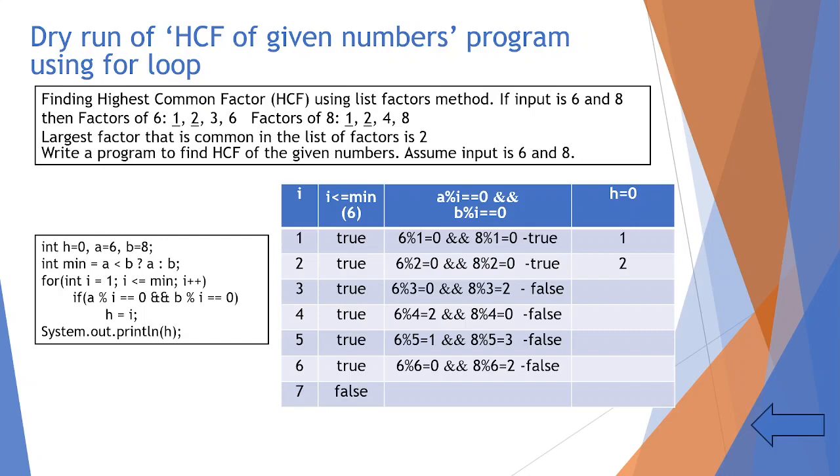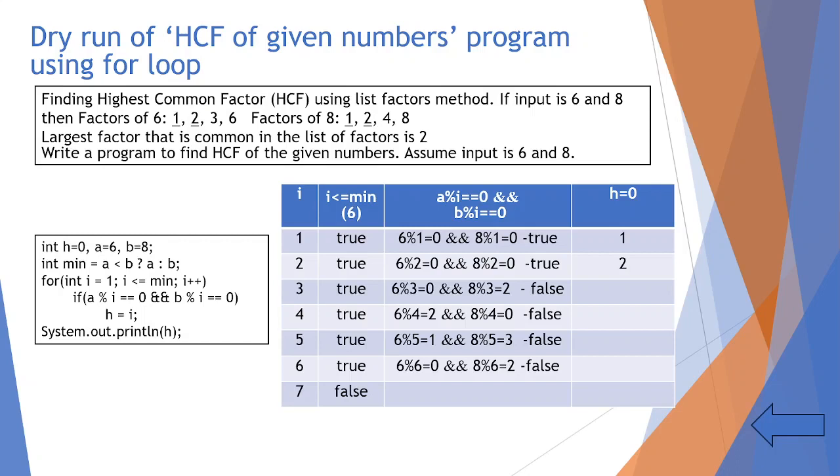So, at the most, we have a common factor which is the minimum number out of the two. So, we take the minimum: if A less than B, question mark A colon B, this is the ternary operator. It stores the minimum number out of the two.